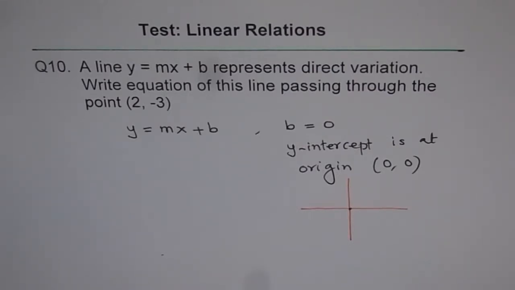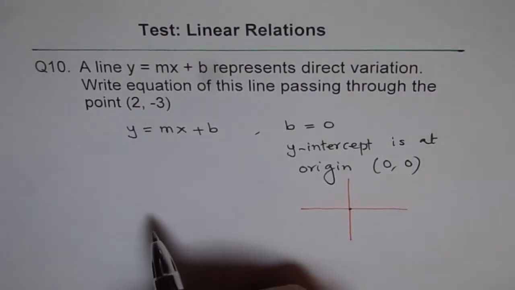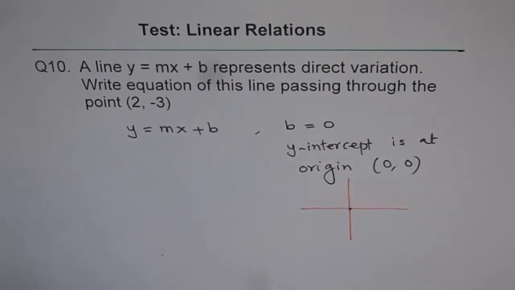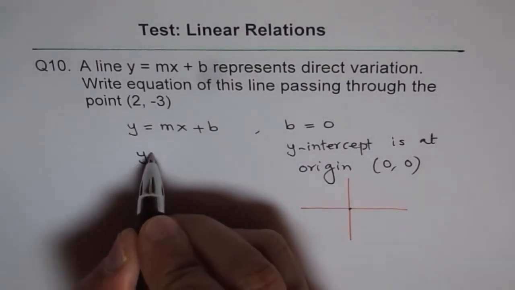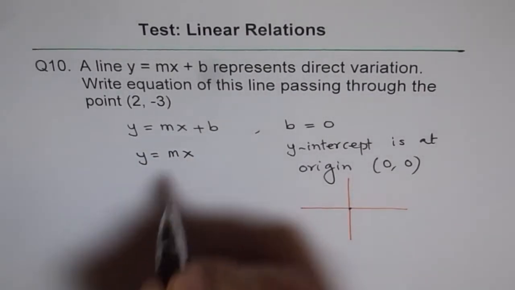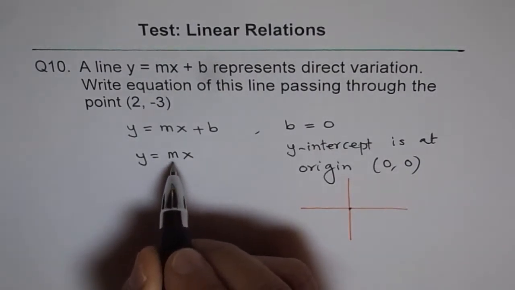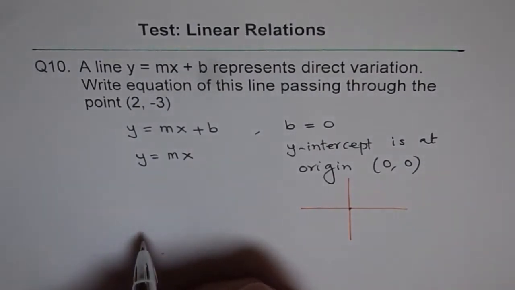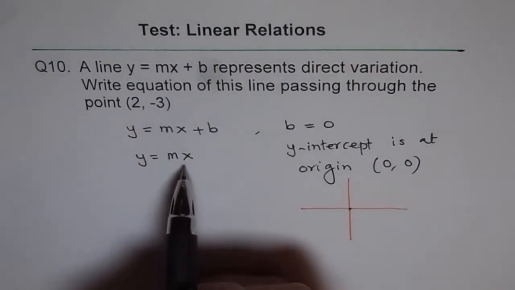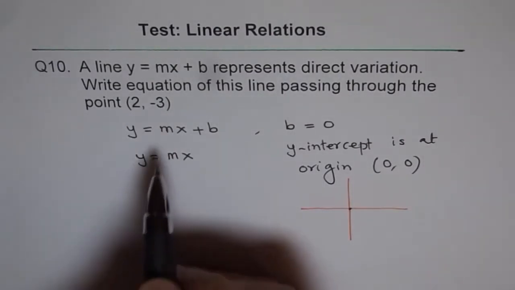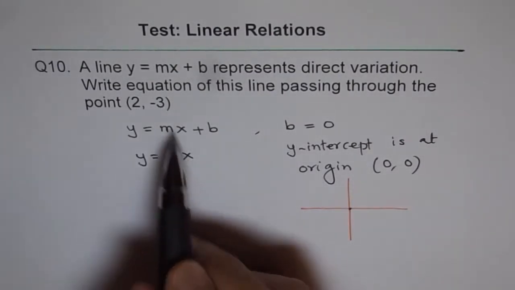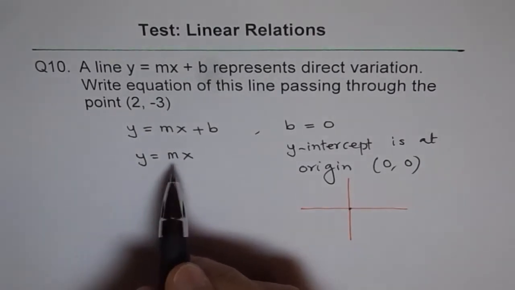Now we want to write an equation of a line passing through the point (2, -3). Since it is direct variation, our line should look like y = mx. Now what is the slope? That is what we need to find. If it goes through the point (2, -3), we can write 2 for x and -3 for y and find the slope.